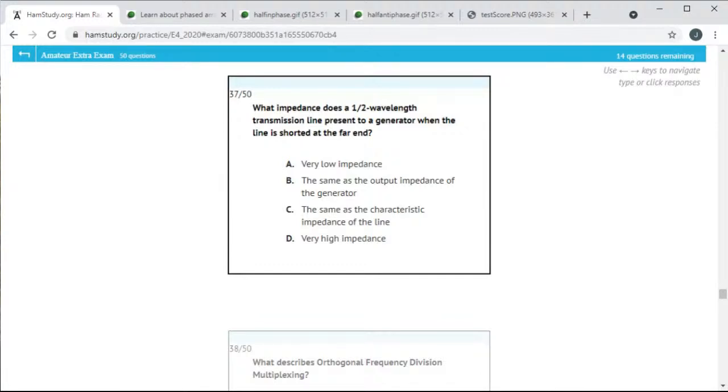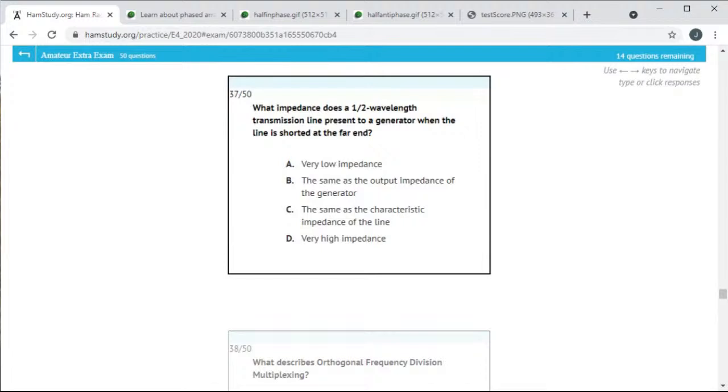C, the same as the characteristic impedance of the line. D, very high impedance.